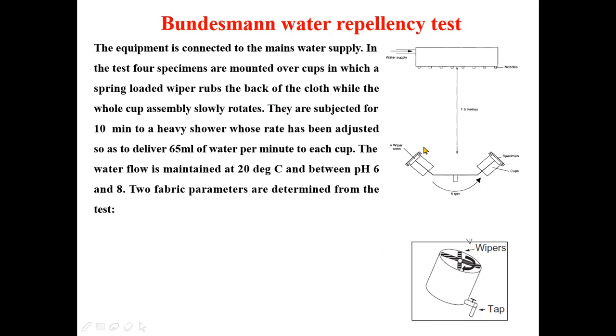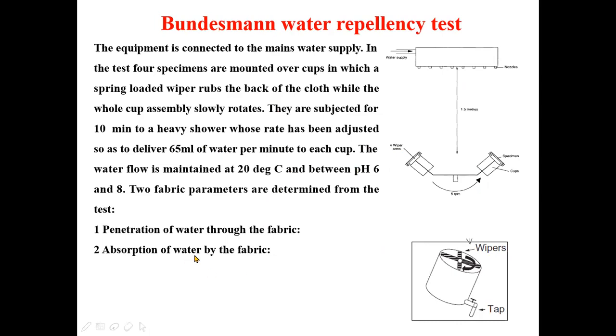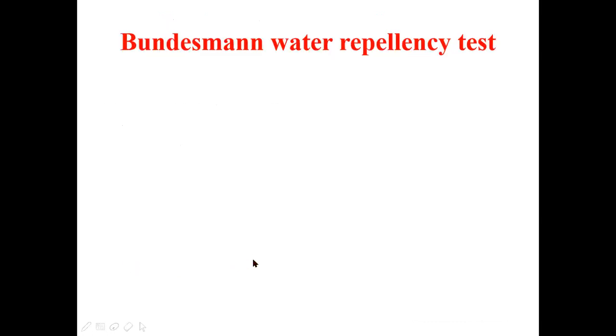Here, the sample is subjected to a heavy shower for 10 minutes, the water flow is at 20 degrees centigrade, and the pH of the water is adjusted between 6 and 8. After carrying out this test, we can measure 2 parameters. One is the penetration of water through the fabric, another is the absorption of water by the fabric.